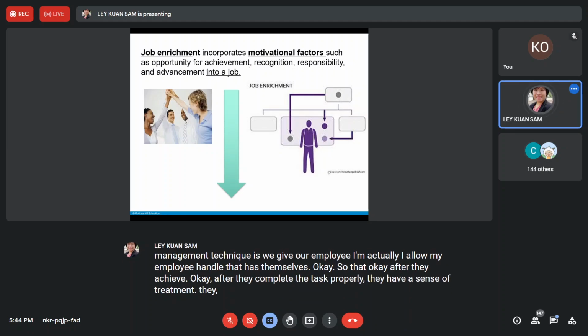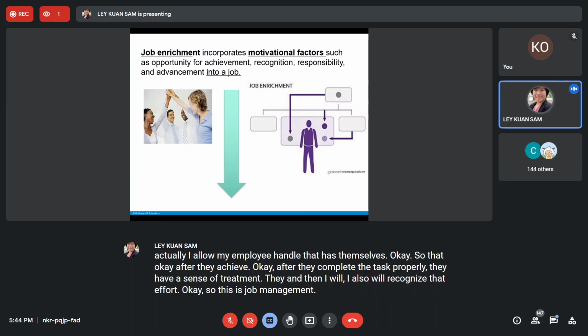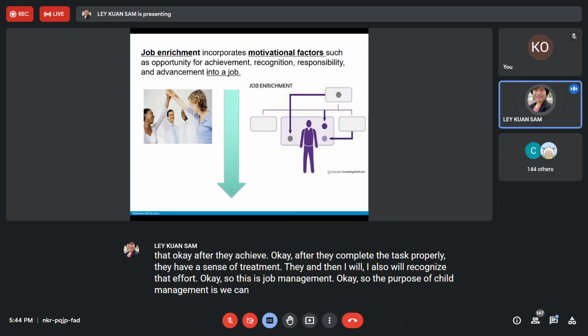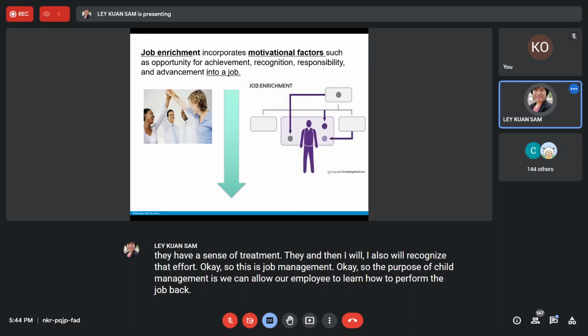And I also will recognize their effort. So this is job enrichment. The purpose of job enrichment is that we can allow our employee to learn how to perform the job better. They can learn new knowledge.